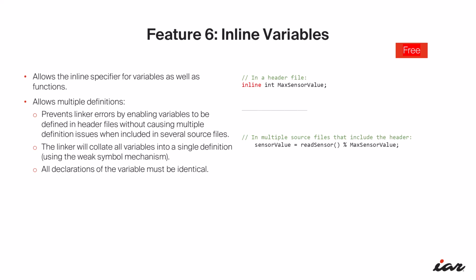It's free because it doesn't generate any extra code or variable space. Also note that all declarations of this variable must use the same type, of course, but since the idea is that you do it in a header file, this will be taken care of automatically unless you make something really wrong.